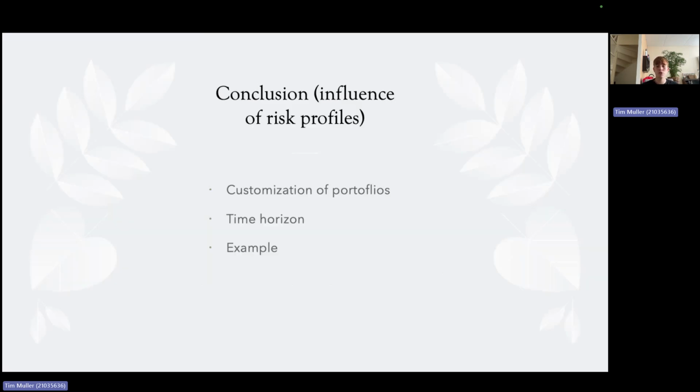So, a conclusion. Based on the previous slides, we can see that the risk profiles have influence on the customization of the portfolio. Each profile has a different risk tolerance, which creates different portfolios.